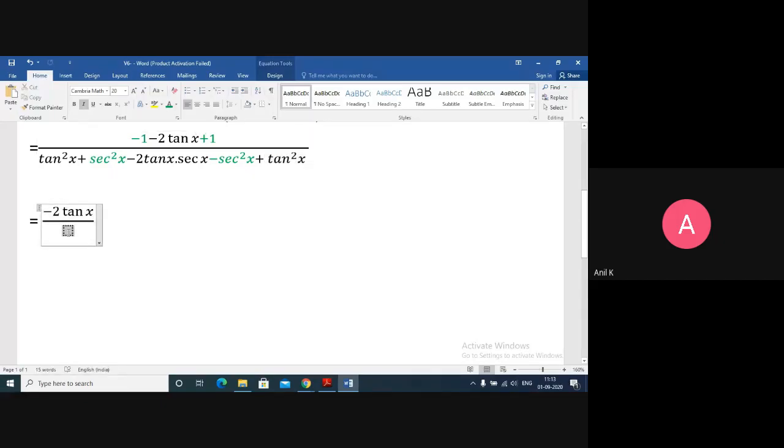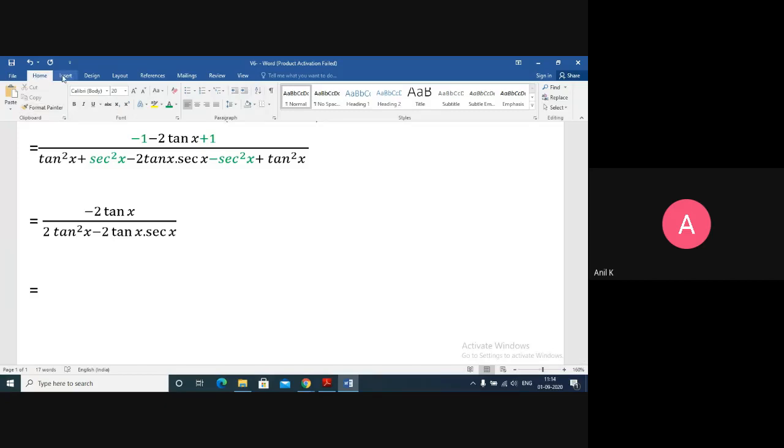It's like x square plus x square is 2x square. So similarly, tan square x plus tan square x is 2 tan square x minus, you have 2 tan x into sec x. These are the terms which I left out after simplification.